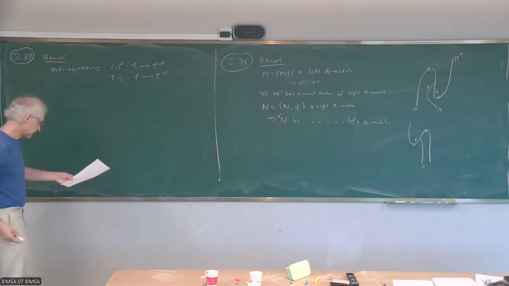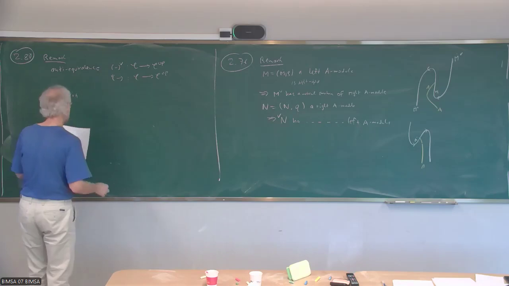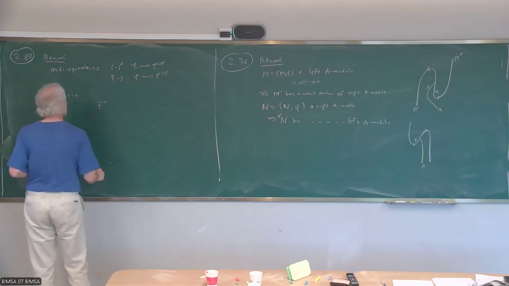On objects, they are what we have. And on morphisms, we have the following.